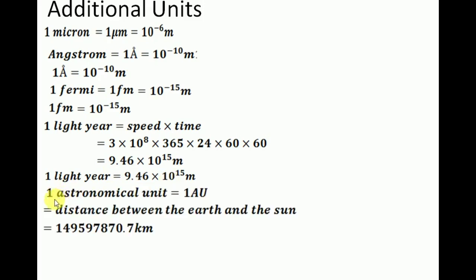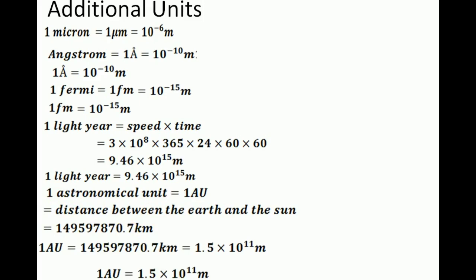Another unit we will be using is astronomical unit, AU. One astronomical unit means the distance between earth and the sun. So this is the distance, and when you write in power of 10 you will get 1.5 after rounding off into 10 to the power 11 meter. I have converted this kilo into meter.